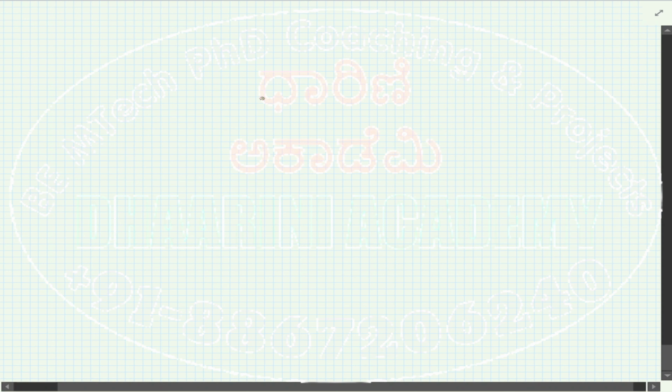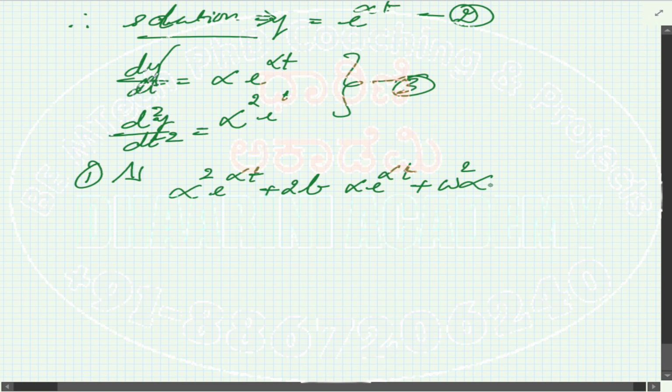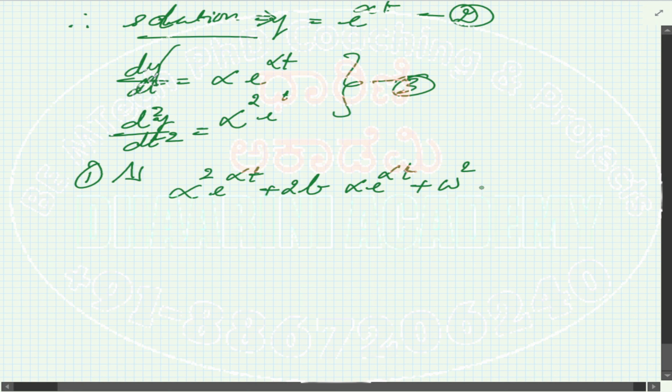When we take the terms out and simplify, equation 1 becomes: the first term d square y by dt square, which is alpha square e to the power alpha t, plus 2b into alpha e to the alpha t, plus omega square e to the power alpha t, equated to 0.